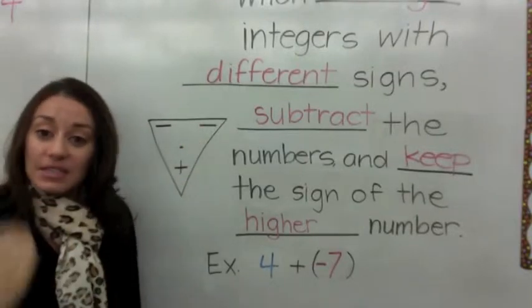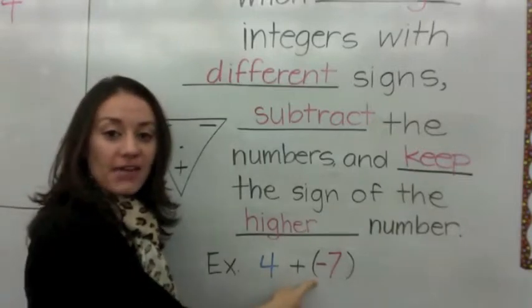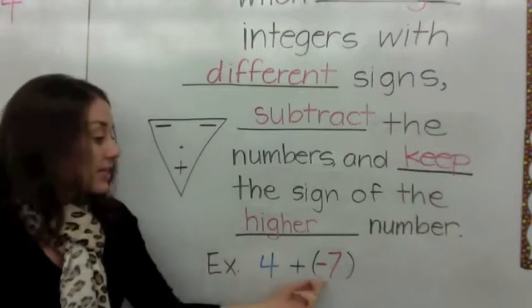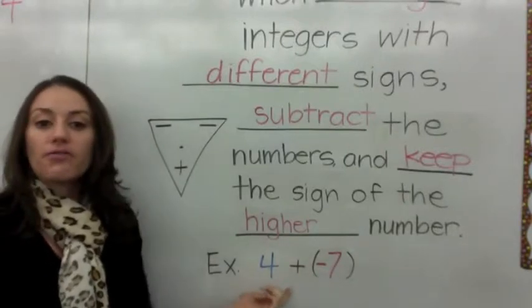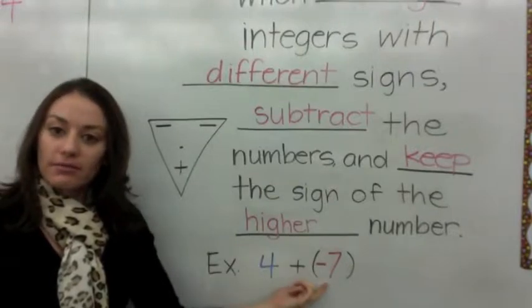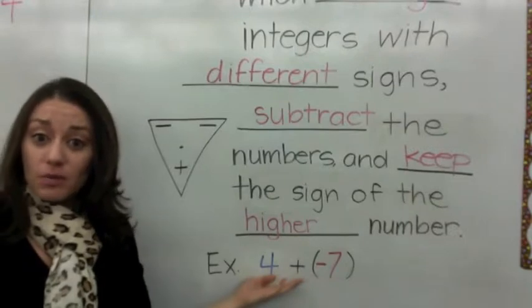But when you're adding different signs, for example, 4 plus negative 7, the answer is whatever the sign of the higher number is. If you look at 4 and 7, what's the bigger number? It's 7, right? So here our answer will be negative.